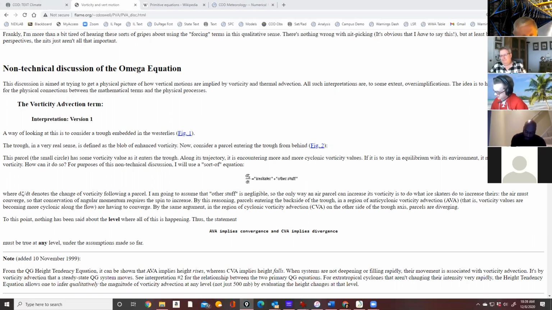The change in the vertical motion is equal to thermal advection and differential cyclonic vorticity advection, DCVA. That's what we are going to state on this.